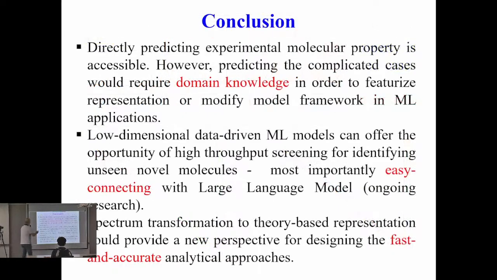So I'm going to draw the conclusion here. Directly predicting experimental properties can be done, but you need model tuning and feature engineering. In order to do this, you need good domain knowledge, so it is important to collaborate with experimental colleagues. You need their domain knowledge, and you use that domain knowledge to transform the design of the model. That's very critical, okay? And then we promote low dimensional representation of the model.